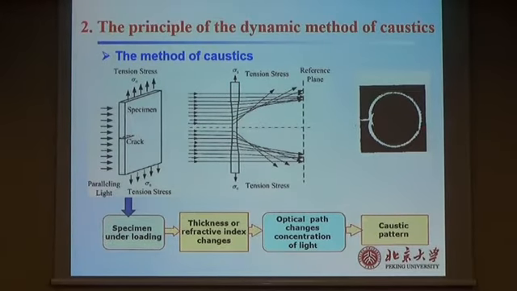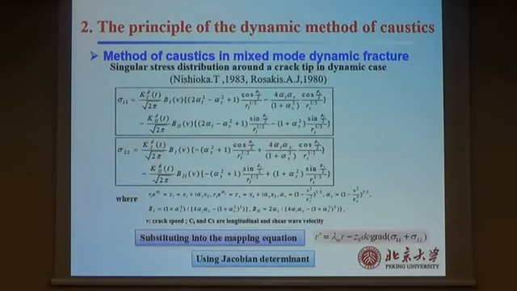This is the caustic pattern, and it appears because the optical path changes, especially around the stress concentration area, where there is a very high strain gradient. So we use the caustic method in the mixed mode dynamic fracture theory.